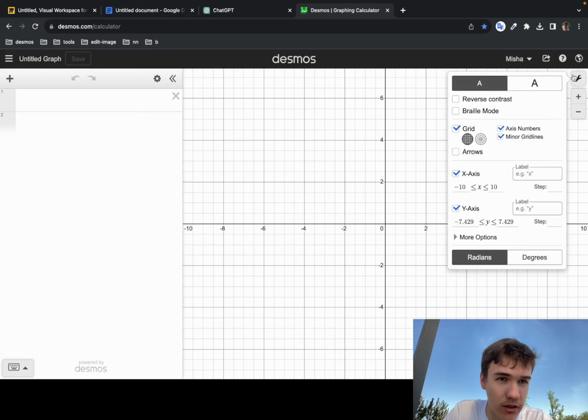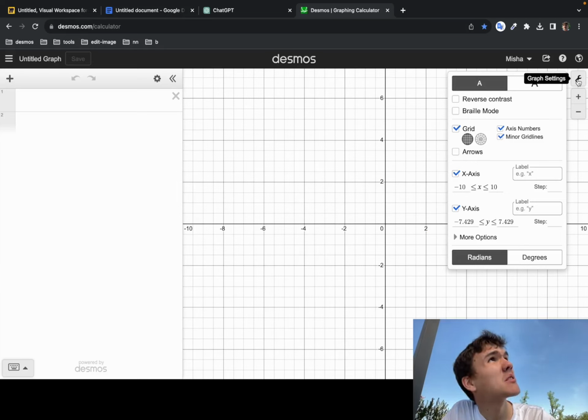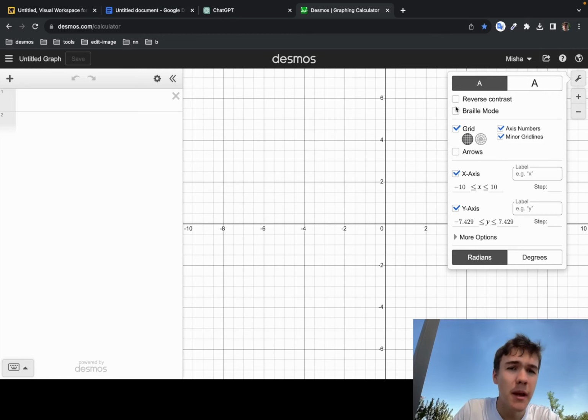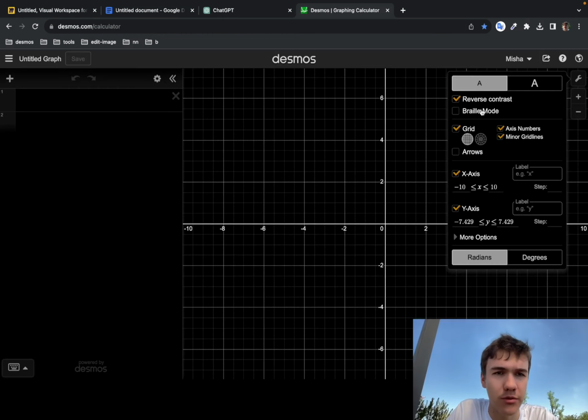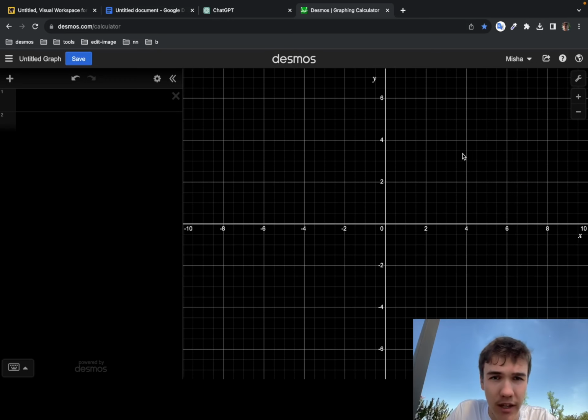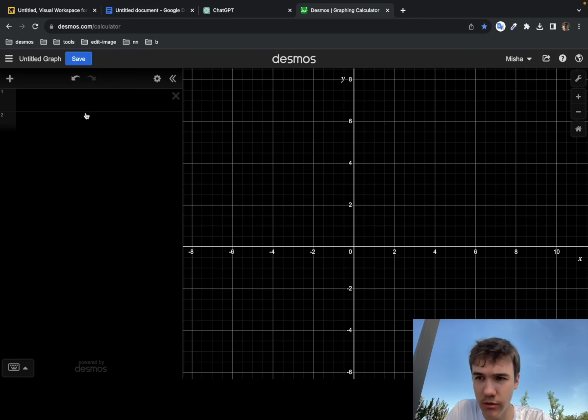We go into the tools. First, I'd like to use reverse contrast. Then secondly, let's label the X and Y axes. So this is the X, and this is the Y, just for the sake of simplicity. Now it works okay.